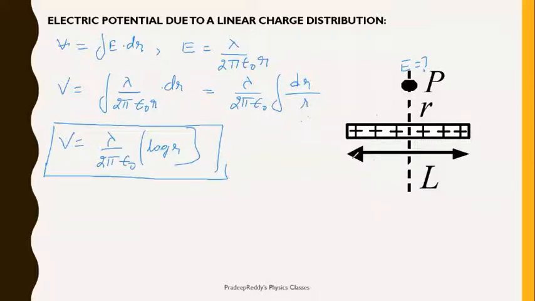You cannot add vectors in different directions, therefore you need to be careful when finding electric field. But in case of electric potential, a lot of complications are reduced because it is a scalar quantity. This is how you can find electric potential on the equatorial line by using electric field.